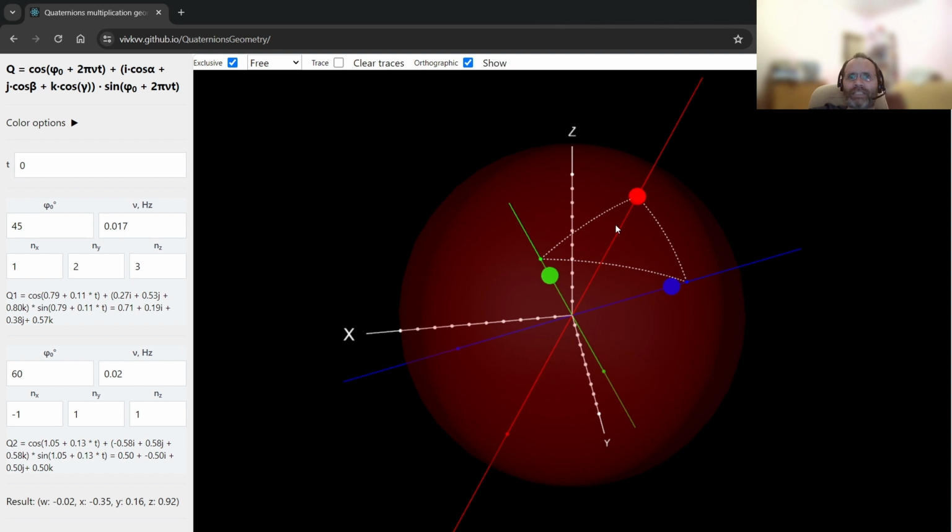And such an intersection gives the result. So the white arcs should be perceived as a result of the intersection of the rotated plane with the sphere. And by intersecting such planes, we get a straight line on which the axis of the resulting quaternion is located.